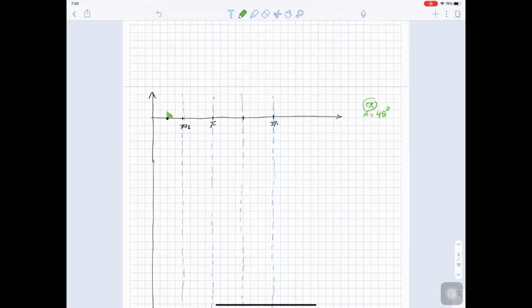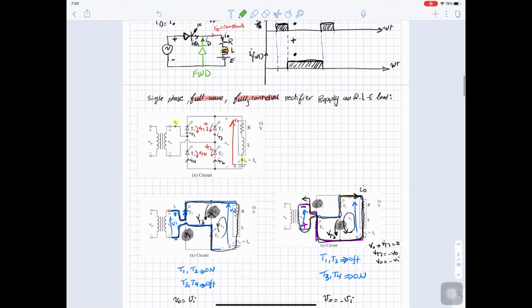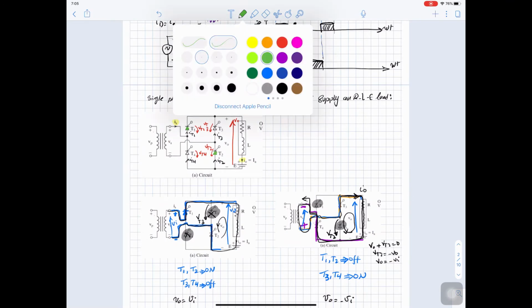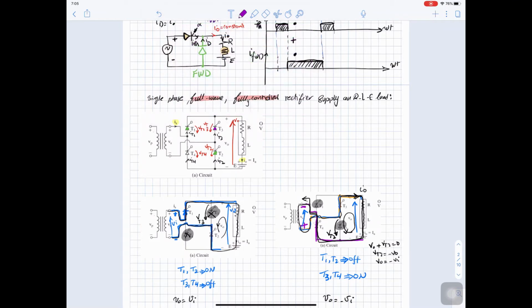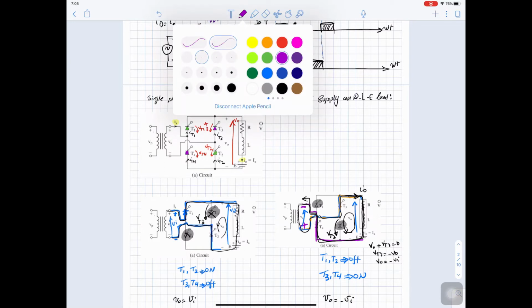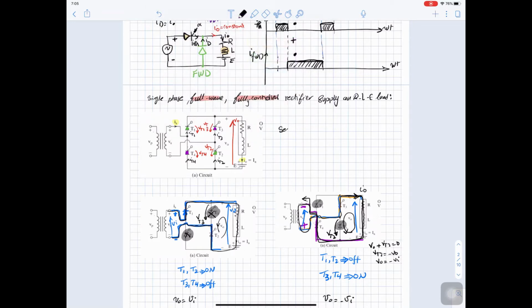So we will have firing here, and this firing will go to 1 and 2. Don't forget that we have switches 1 and 2 operating in the positive cycle, then switches 3 and 4 operating in the negative cycle. So you will send firing to 1 and 2, and then you will send firing to 3 and 4.